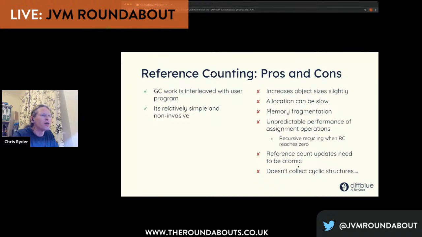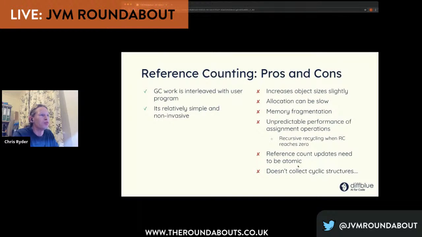The allocation routines can be a bit slow. There are various ways to manage free lists with various performance improvements, but in general, they're not the fastest way of allocating. It has issues with memory fragmentation, which I'll come back to later in the talk. It also has unpredictable performance around assignment operations.